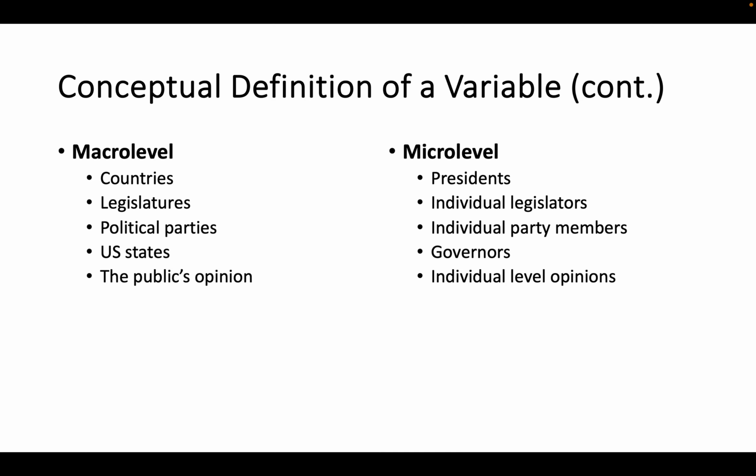And thus we can talk about national public opinion in the United States of President Biden's performance. At the micro level, again, this is a good way to think of macro versus micro. Macro is aggregation. Micro is distillation, or the individuals or some smaller unit that we're studying.